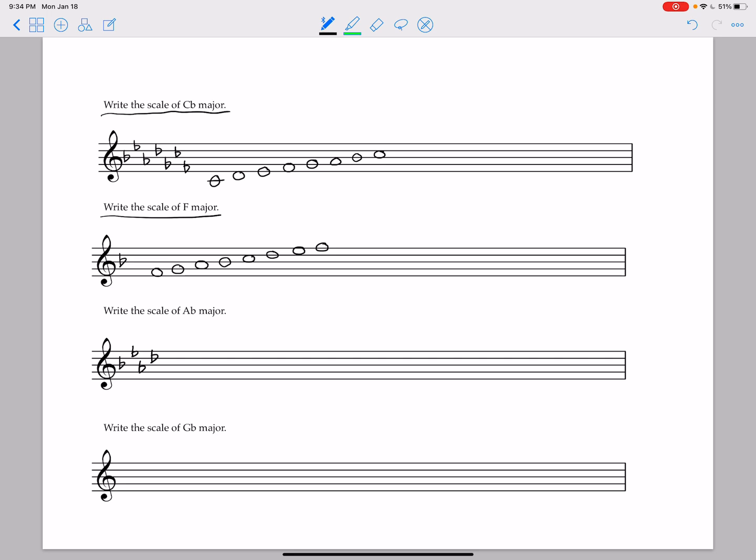And now we start on an A flat because we're in the key of A flat major. So here's our A flat, B flat, C, D flat, E flat, F, G, A flat.